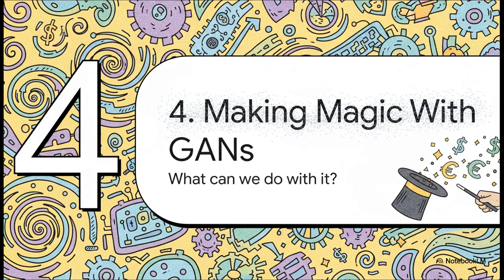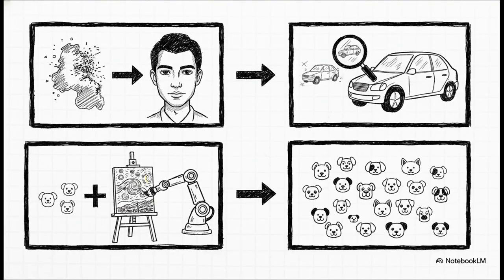All right, so we've gone through all this elaborate game of cat and mouse to train a perfect digital counterfeiter. Now what? What's the point? What can we actually do with it? Well, my friends, this is where the theory turns into straight-up magic. I mean, the applications are all over the place. For example, you can take a blurry, low-res photo and have a GAN realistically dream up all the missing details, making it super sharp and clear.